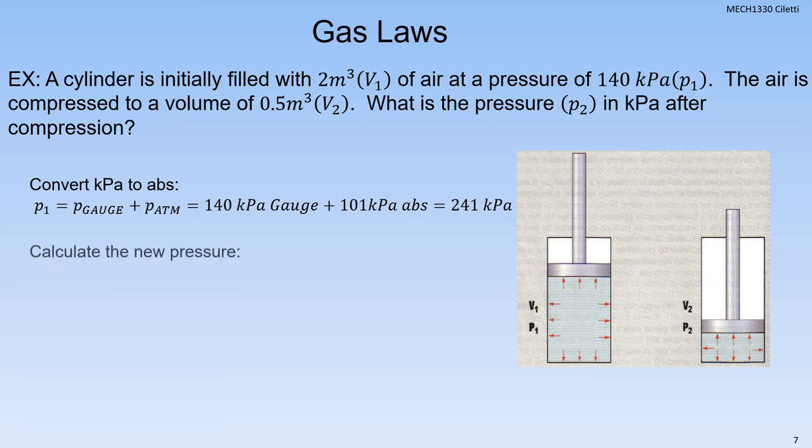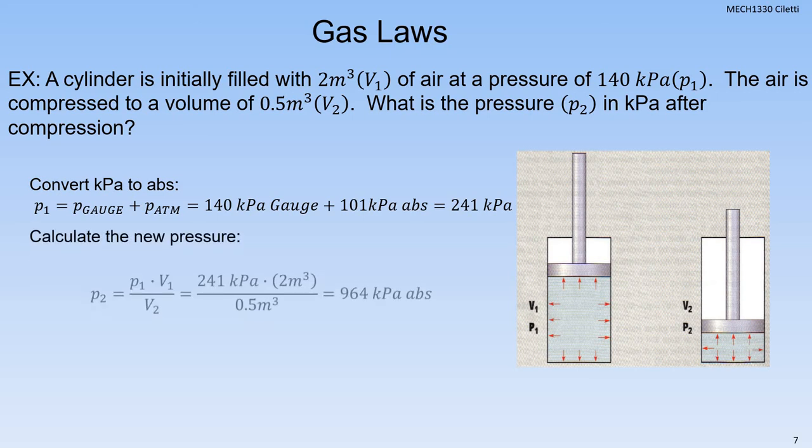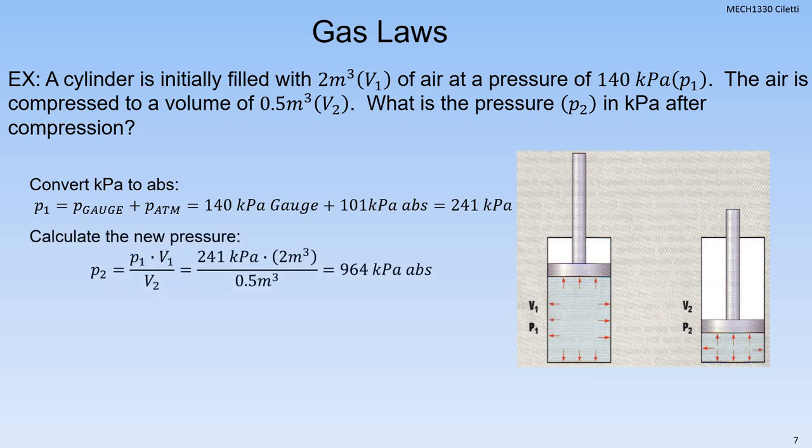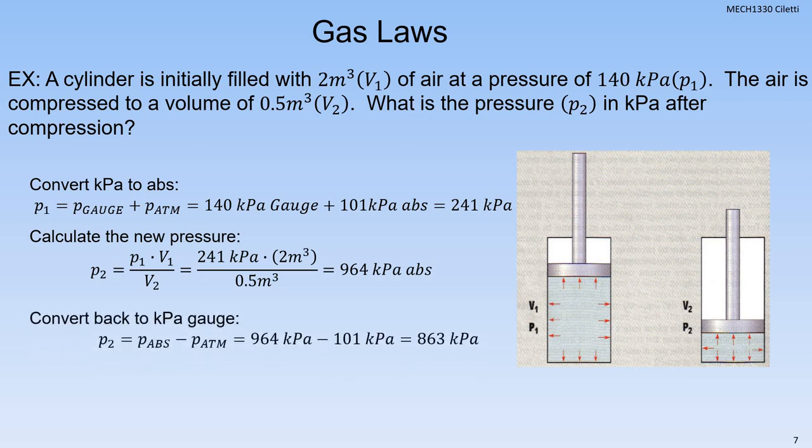We have to calculate our new pressure now using Boyle's law. So P2 is P1 times V1 divided by V2. Substituting our numbers, we get 964 kPa absolute. We have to subtract back out the 101. So we take 964 minus 101 and get 863 kPa for our new pressure.